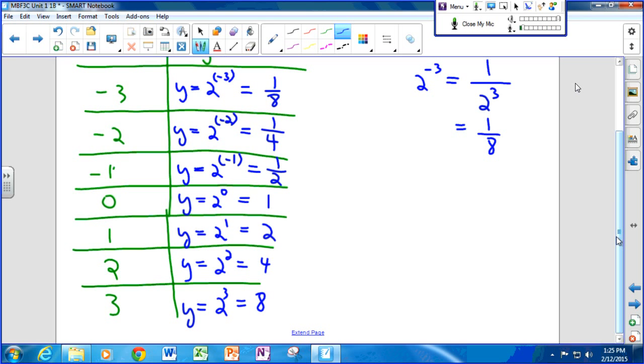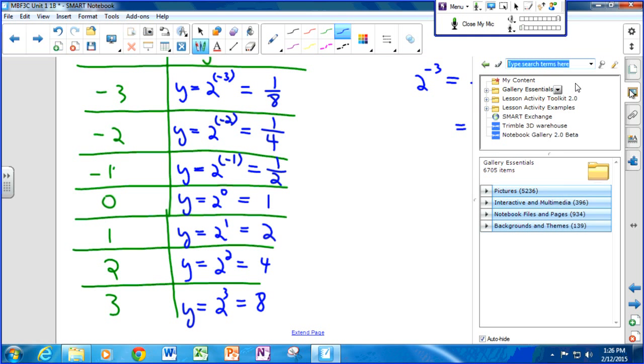All right, now we're ready to graph this thing here. What I would normally do is move on to a sheet of graph paper. Actually, let's see if I have some in here. You never know. I'm going to have to search here. Grid.